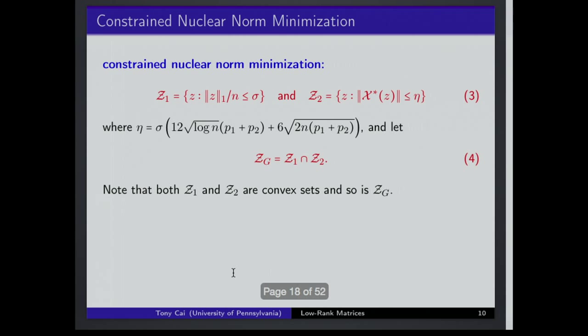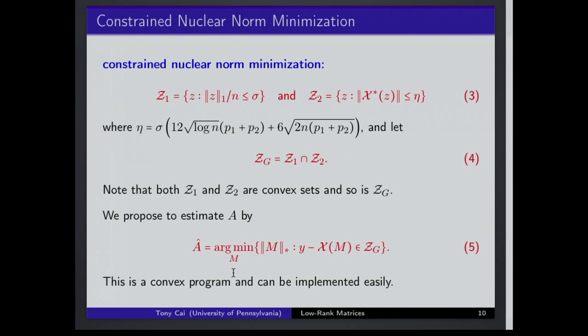Now, we are going to estimate the unknown low-rank matrix A by constrained nuclear norm minimization. Under the constraint that for any candidate low-rank matrix M, as long as M minus x of M is in that set G, among all those feasible solutions, I want to find the one that minimizes the nuclear norm.